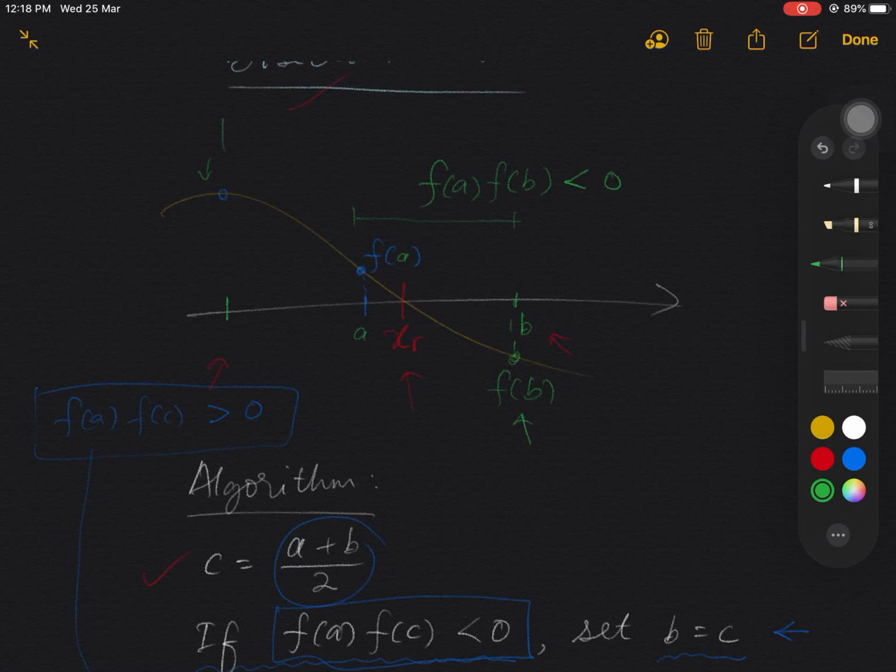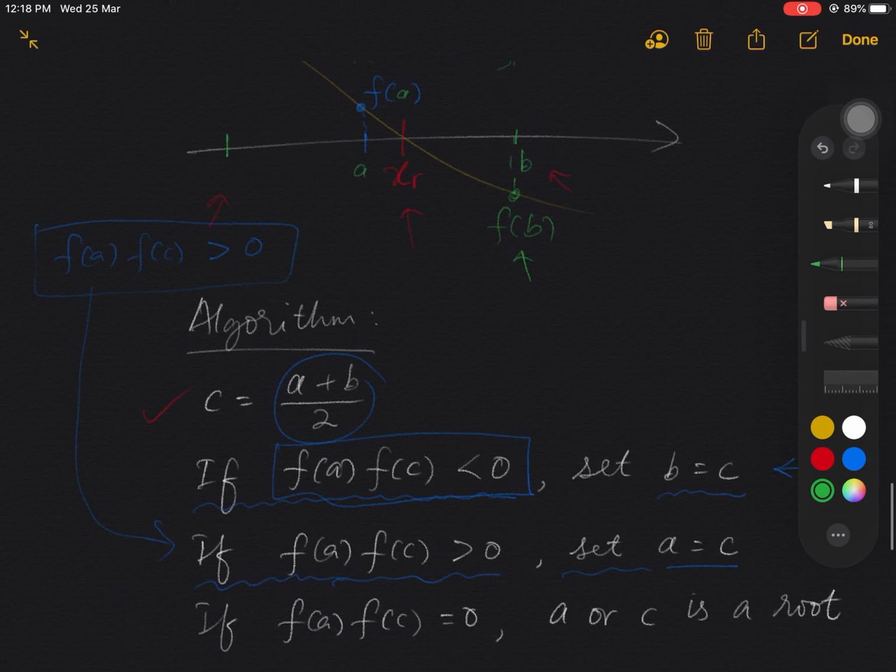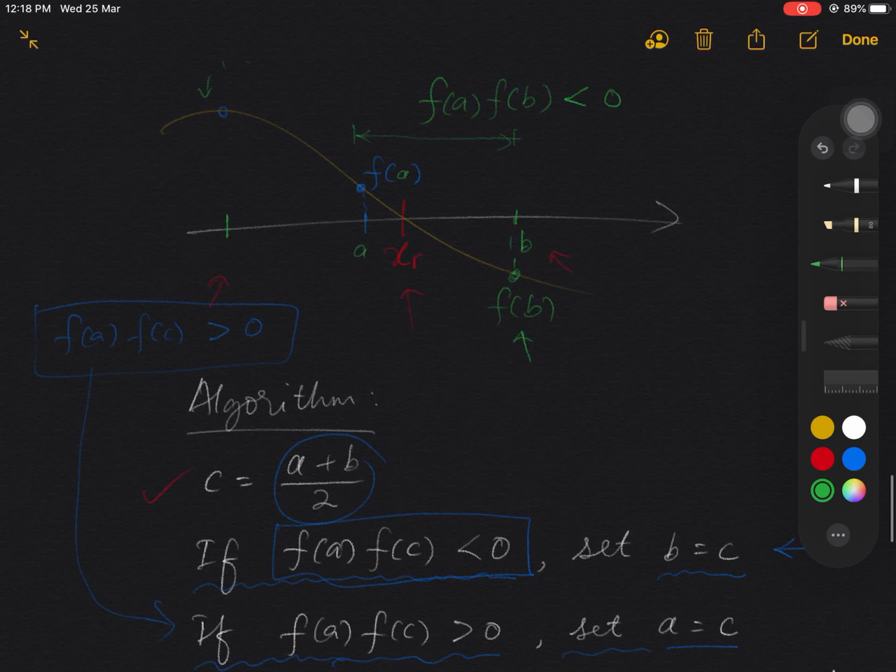Previously A and B were within this range, but now A and B have been reduced to this range only. Then we repeat the algorithm. Find the midpoint between A and B. Now C is, let's say, somewhere here. Check FC. So FC is here.